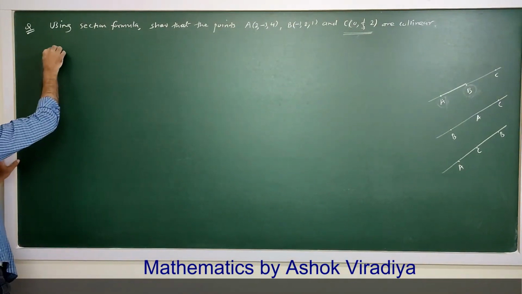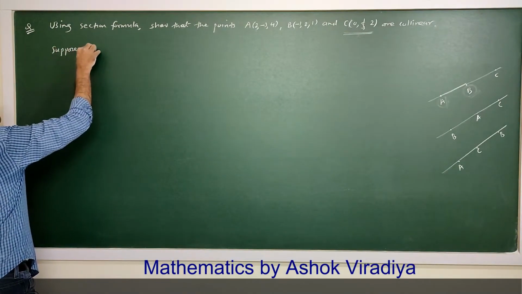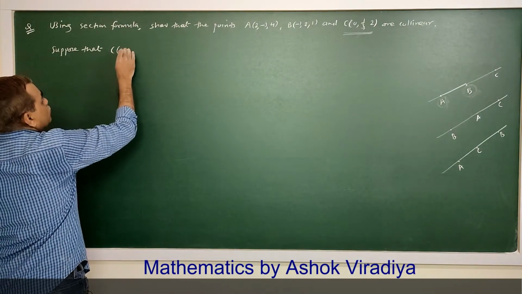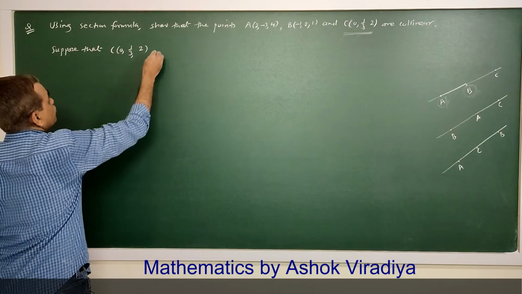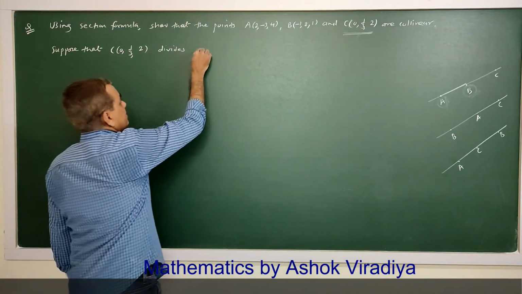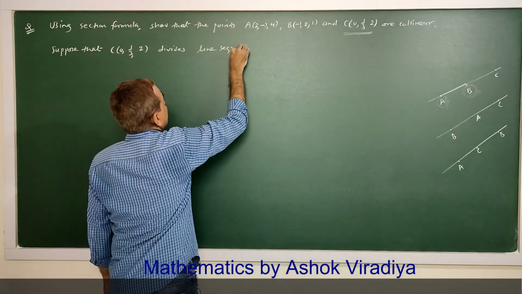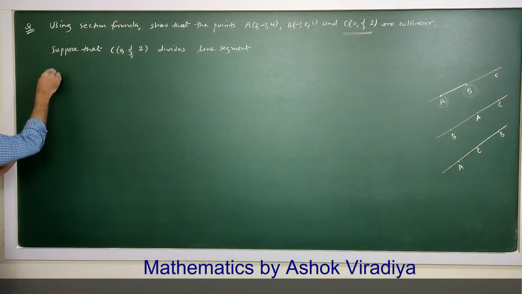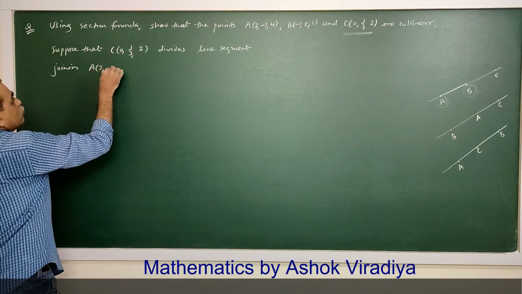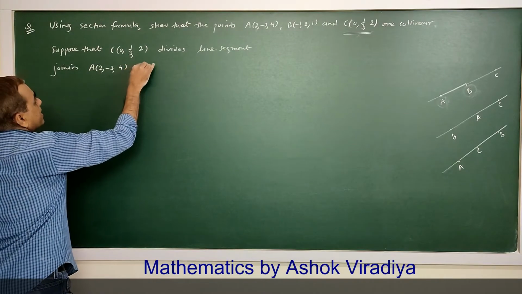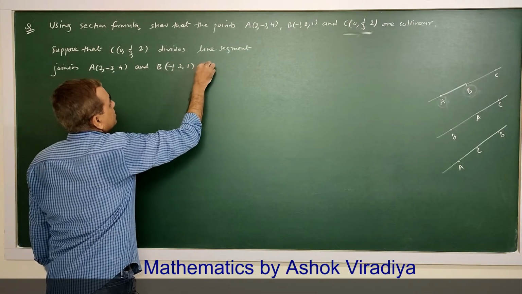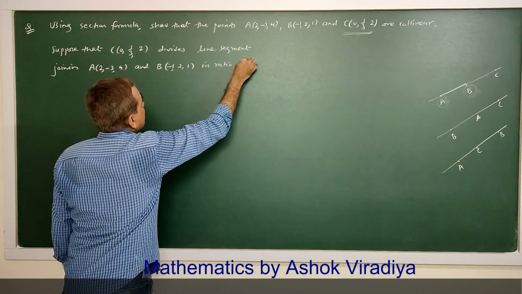Suppose that C, whose coordinates are 0, 1 by 3, 2, divides line segment joining A (2, -3, 4) and B (-1, 2, 1) in ratio k is to 1.